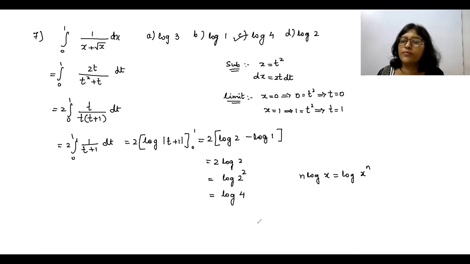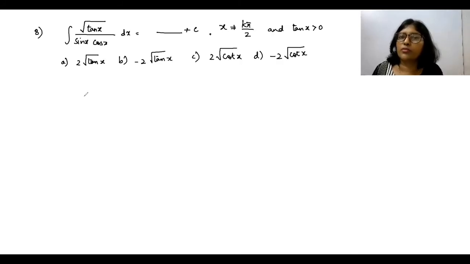That's the 8th question. So here we are with the 8th question, and as you can see, this is a similar question. We have taken up a similar question, but that was root cot x. Now, since we have root tan x, we need to divide the denominator by cos x. If we are dividing by cos x, we have to multiply with cos x, and because of this, cos x becomes cos square now.